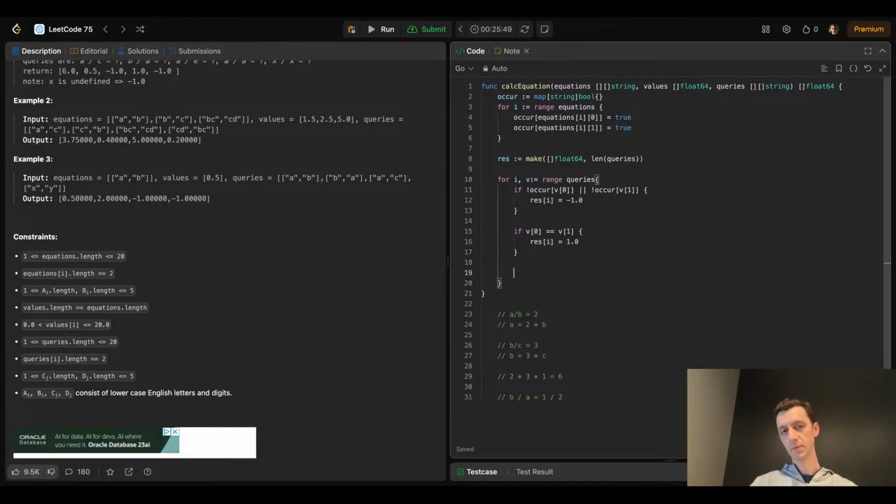Assign that. That's also pretty straightforward. So if both exist, but they are the same. Okay, the rest of the cases are these.